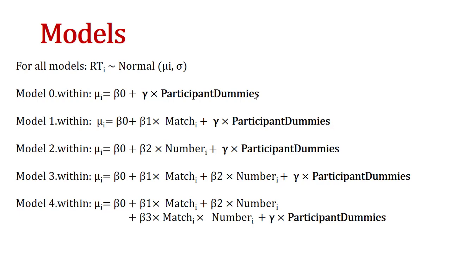Because participant is a nominal variable, we need to create dummy variables. Remember that you create one dummy variable less than the number of categories. So if we have 80 participants, then we create 79 dummy variables.